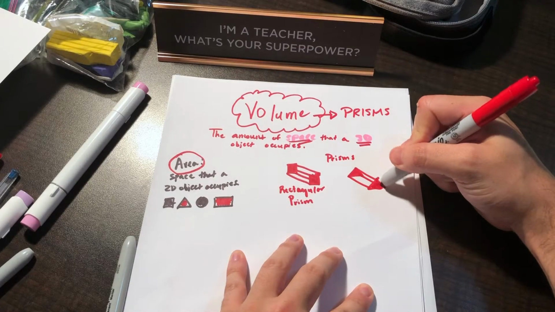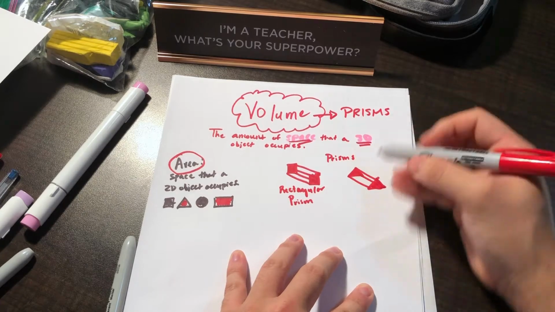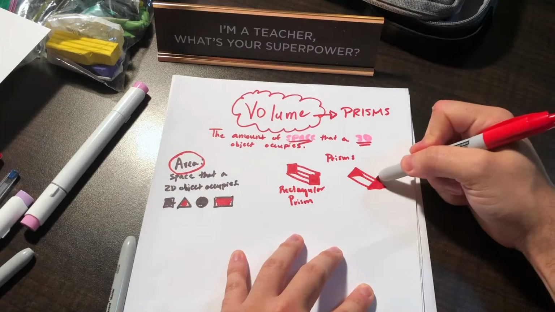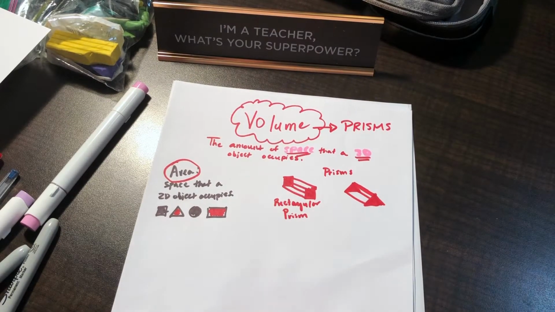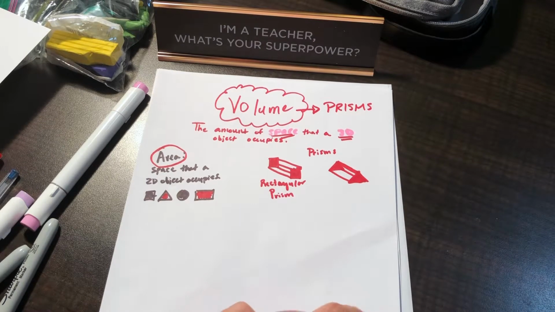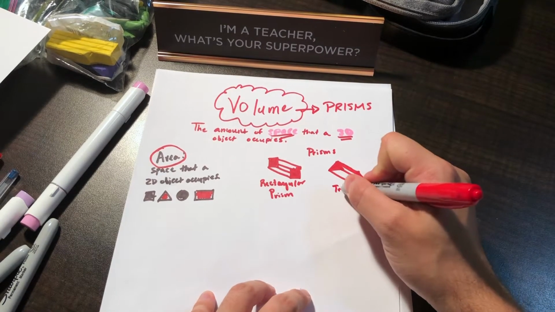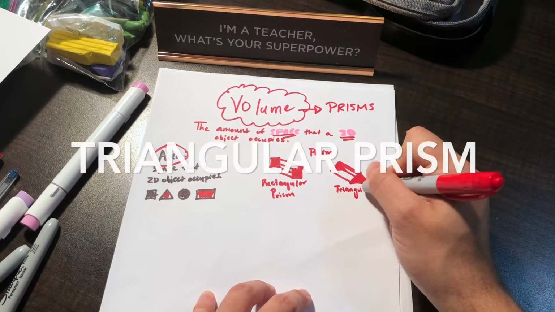Ugh, my drawing skills are pretty bad today, guys. Okay, so let me try to fix that a little bit. Okay, there we go. If that was called a rectangular prism, what do you think that one's called? You guys are so smart. Triangular prism.